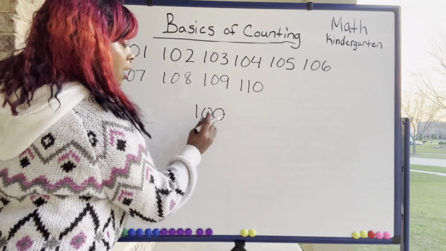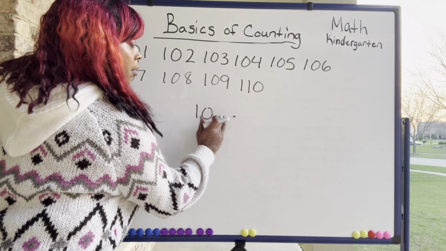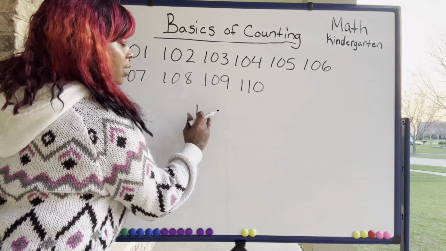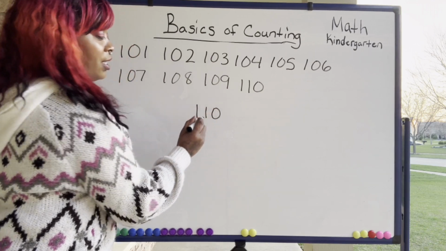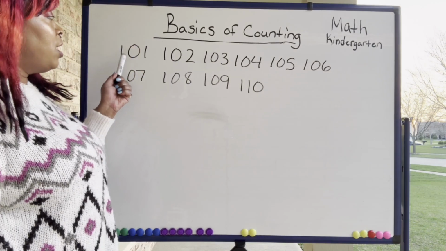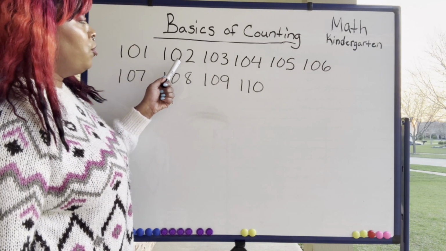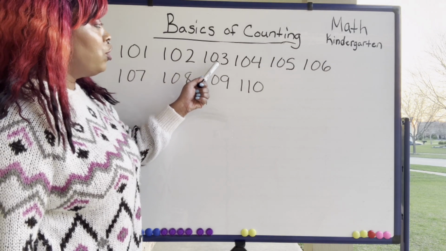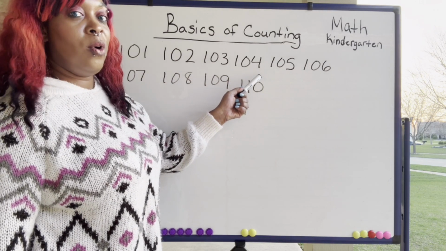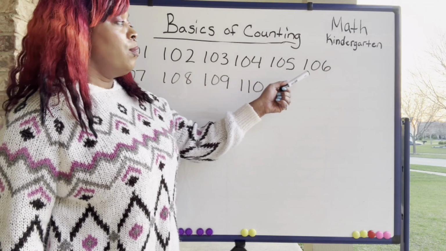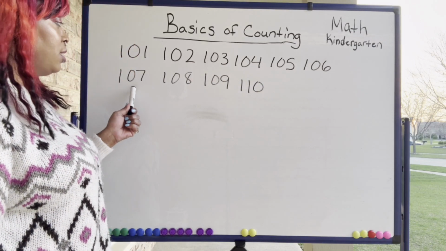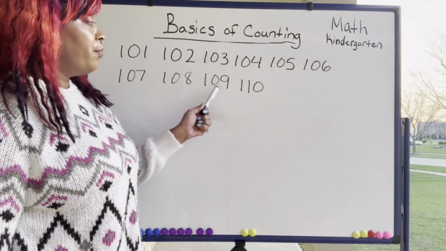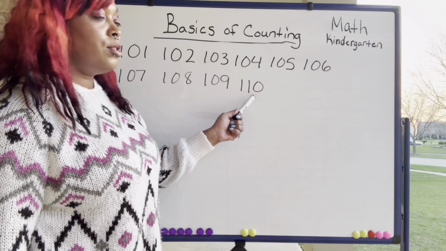But instead of 100, we have 110. Before we get there, 101, 102, 103, 104, 105, 106, 107, 108, 109, and 110.